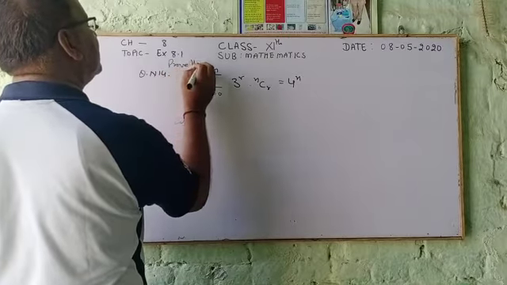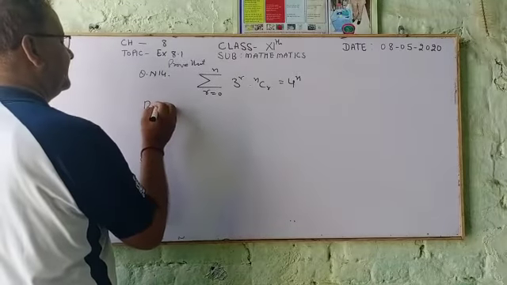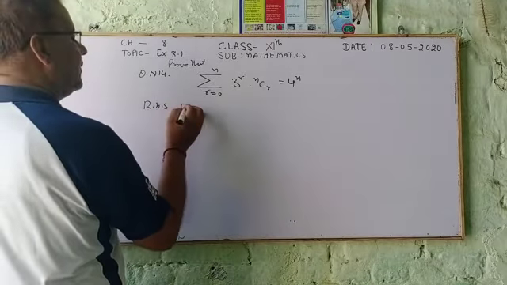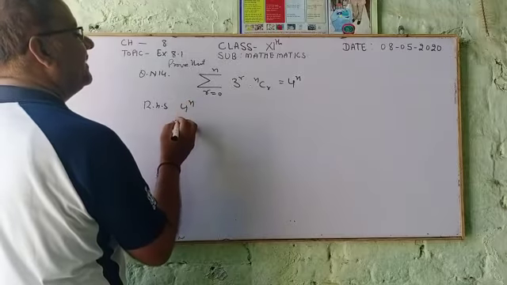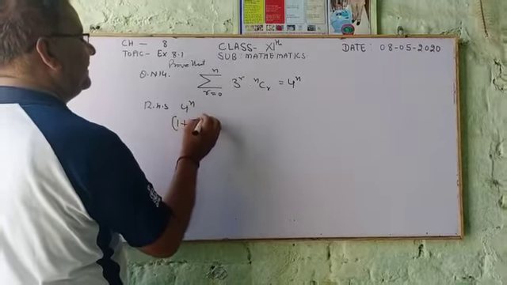Prove that. Students, look here. We are taking the right hand side, 4 raised to power n. This can be written as (1 plus 3) raised to power n.